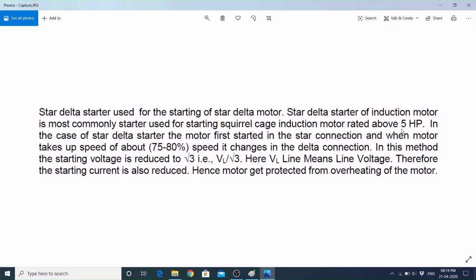Okay. So to reduce this starting current, to keep it within the rated current limit, the induction motor starts with the star connection by reducing the starting voltage. Okay, that is the phase voltage is kept within the limit in a reduced state.